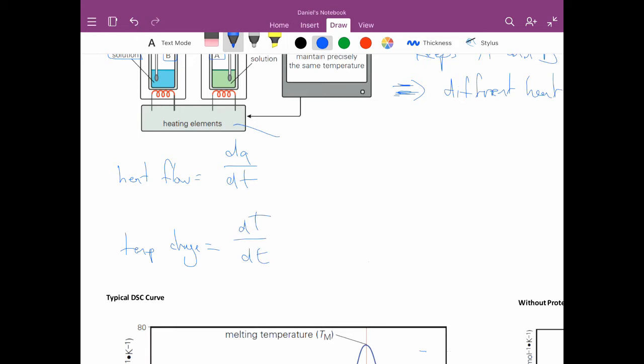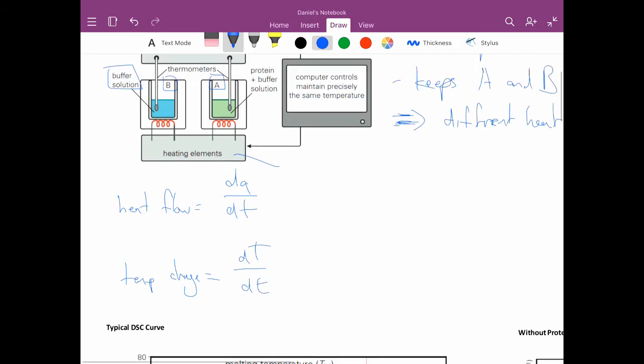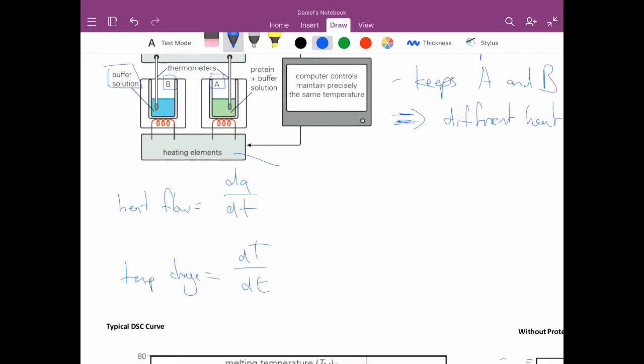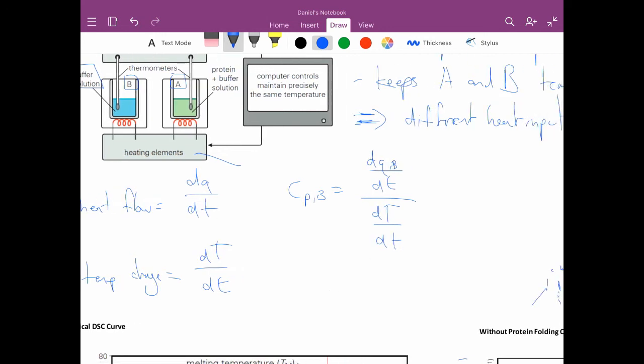So you can determine the heat capacity of one of these solutions by dividing the heat flow. Let's do the heat capacity of B. You could divide the heat flow into B by the change in temperature with respect to time.